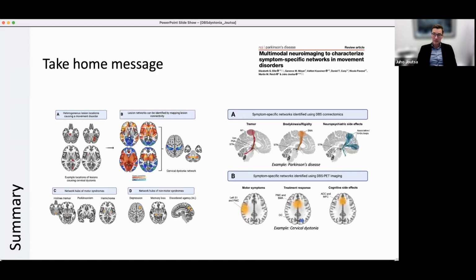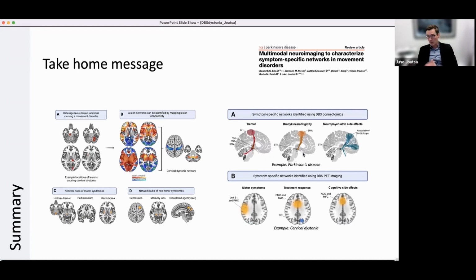I realized that I have used pretty much all my time, so moving to summary. What I hope that you'll get out of this talk is an idea of how lesions can be used to inform the networks underlying different symptoms. This approach might be useful across motor and non-motor symptoms, and each time these seem to map to different networks.